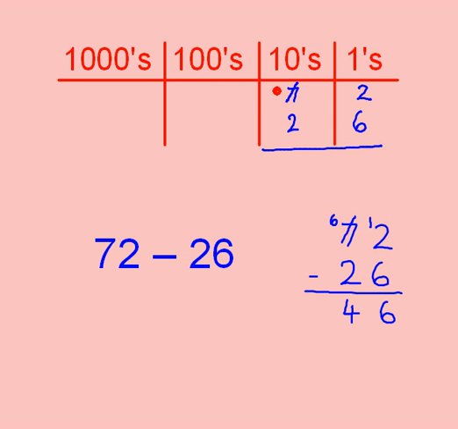It leaves me with 6 tens. Now the 1 ten I've taken, add the 2 units, gives me 12 units altogether. 12 units take away 6 units is 6, and 6 tens take away 2 tens is 4 tens. So I have 46.